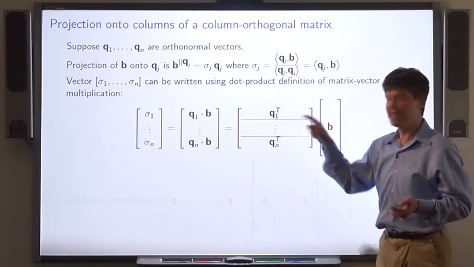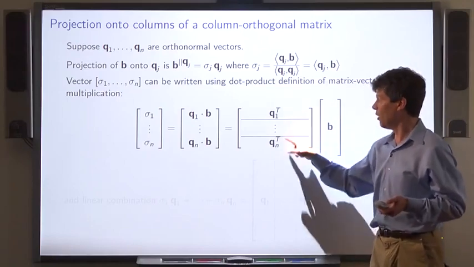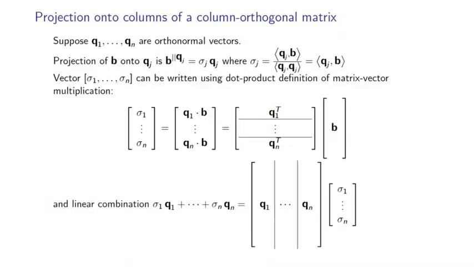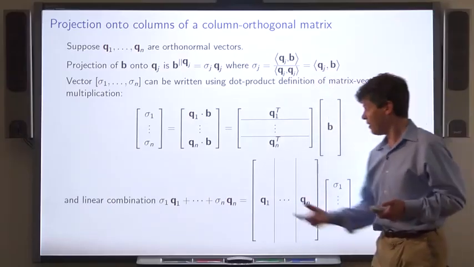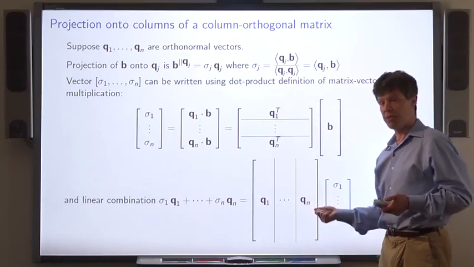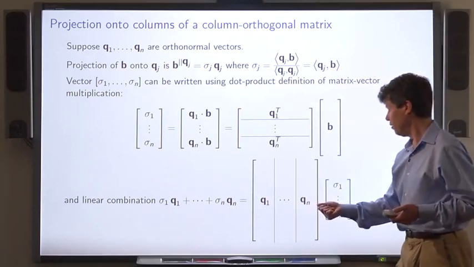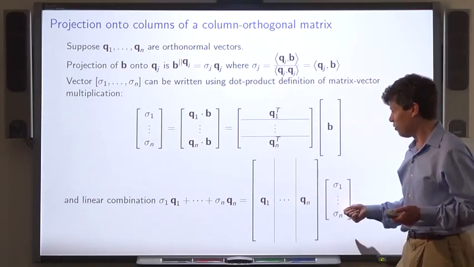This matrix has as its rows the vectors q1 through qn. And the sum of these projections is the linear combination sigma 1 times q1 plus up to sigma n qn. It can be written as this matrix, whose columns are the vectors q1 through qn, times sigma 1 through sigma n.